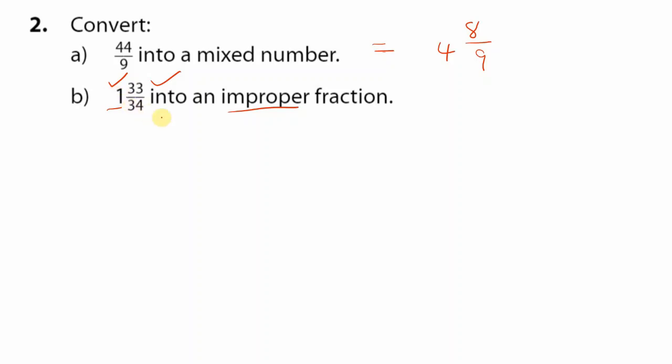So 1 times 34 is 34. And then you add the top part, or the numerator. You keep the bottom part, or the denominator.